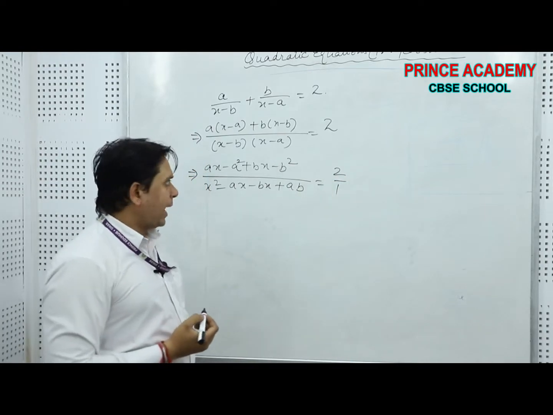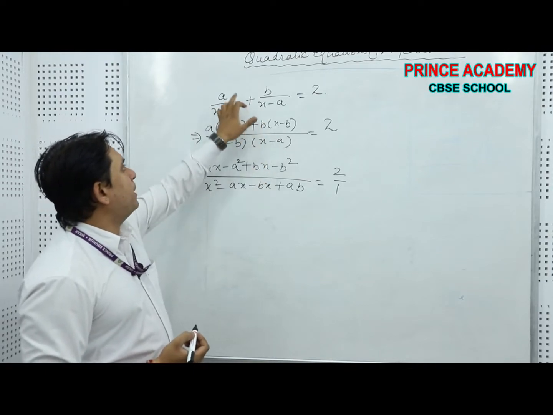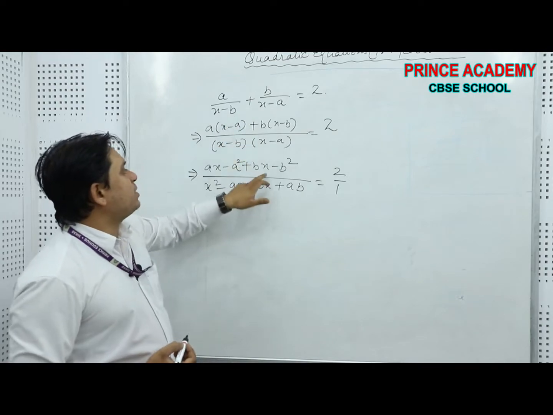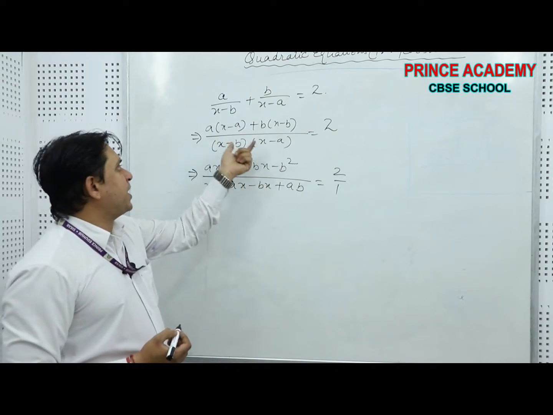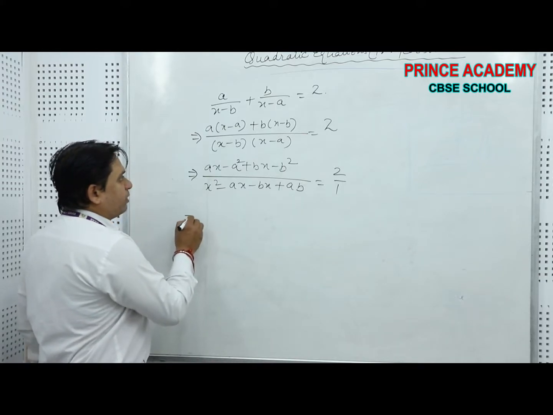Done. What we have done here, beta, we just took the LCM, multiplied this with this and this with this, bx minus b square, and at the denominator we multiplied the portion.